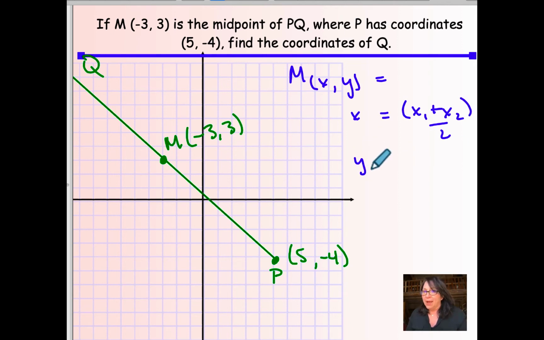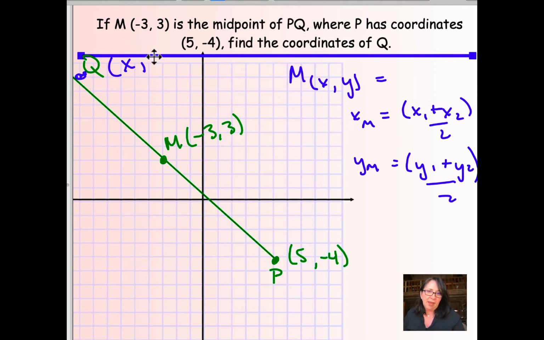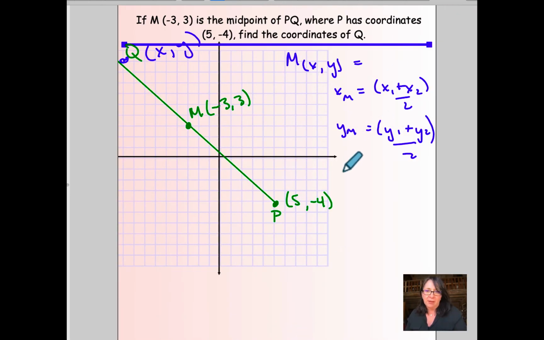To find y, I'll use m for median, you're going to add y1 plus y2 and then divide that by 2. So if I don't know what the x and y is, I'm just going to call it x, y. That's what I'm going to be using to find that Q point.